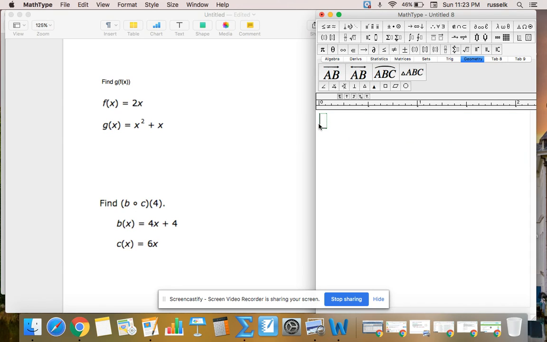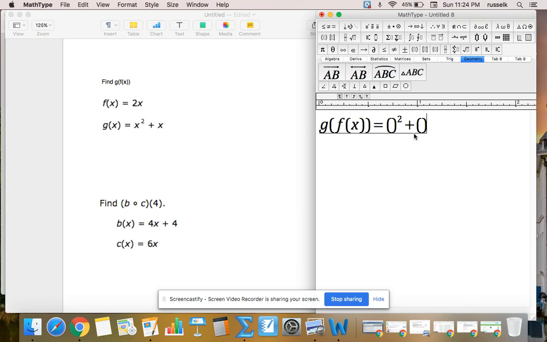If there's multiple x's in your problem, like in g of x, we have x squared plus x, we do want to plug in into both x's. So in this case, if I'm trying to find g of f of x, I'm taking f of x and plugging it into g of x. So I would go to g of x and write it. Anywhere I see an x, I'm going to leave a blank spot. So x squared plus another blank spot.